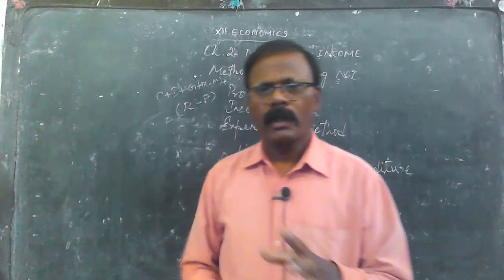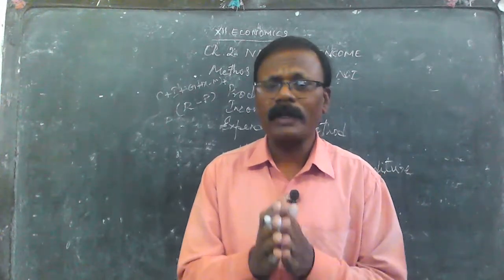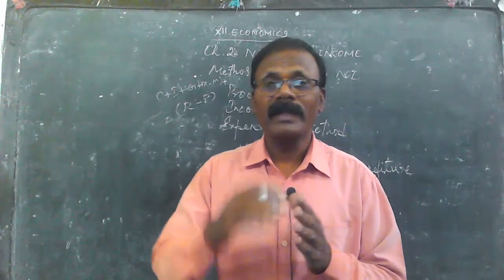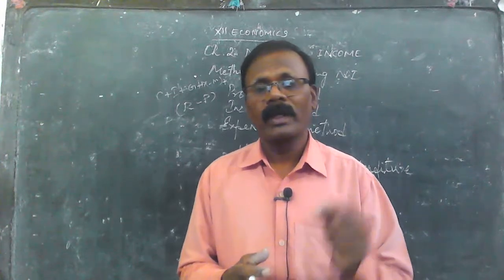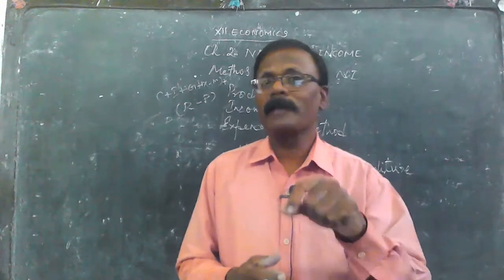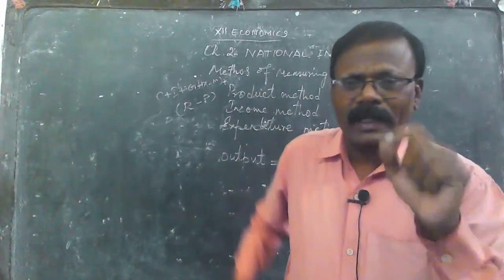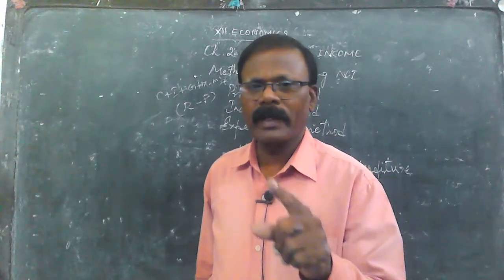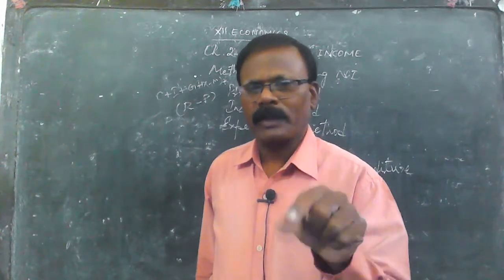You see, the net national product at market price is obtained by deducting the value of depreciation allowance or replacement allowance. This replacement allowance is also called capital consumption allowance. Keep it in your mind. What is the other name of replacement allowance?